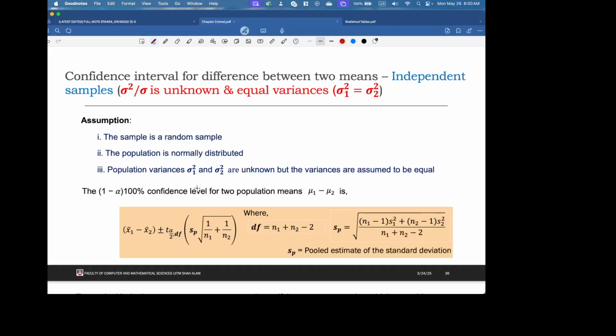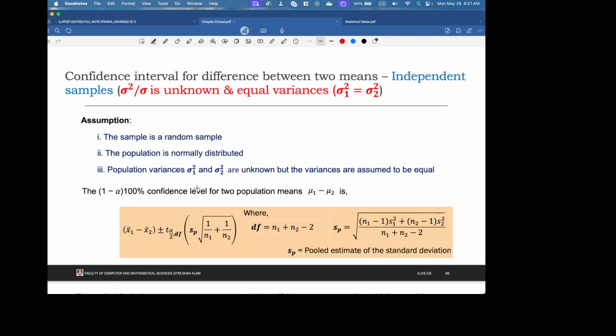But based on the question, they give us another piece of information: the variance for population 1 and population 2 are equal, or the standard deviation 1 and standard deviation 2 are equal. That's the information we will use to choose this formula to calculate the confidence intervals.